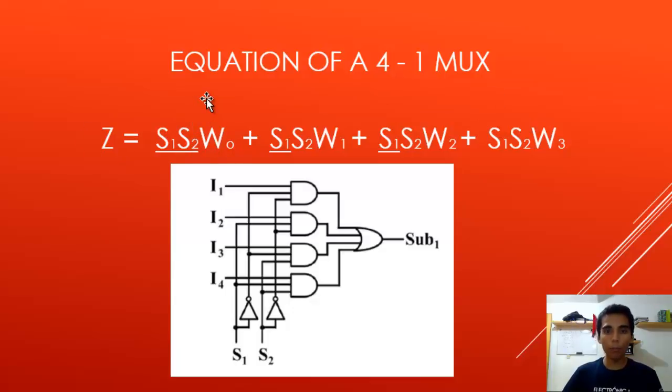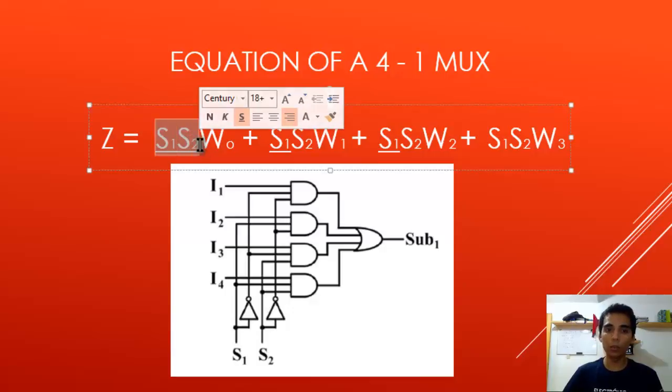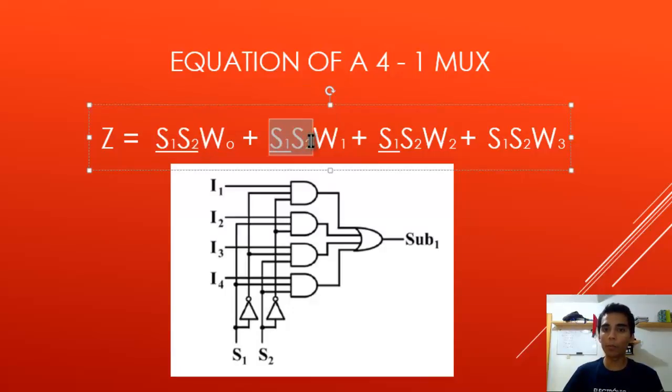And by putting an index, you just have to play with S1 and S2 to represent that number. Here you have 0 0, 0 1, 1 0, and 1 1. And like that, when you put those inputs, you get the first one, the second one, the third one, and the fourth one. It's really easy.